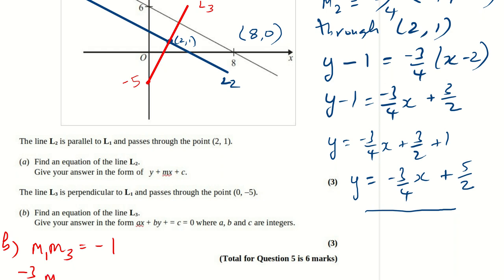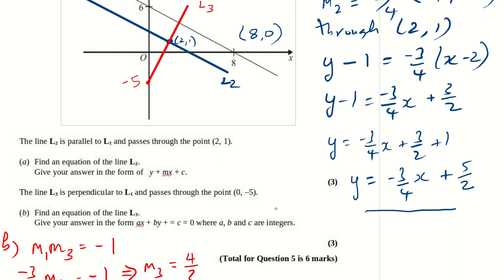Minus 3/4 times m3 must give us minus 1. And a quick way to do it is to just look at it and turn it upside down and change the sign. So that's going to be 4/3. So we know that the gradient's 4/3.